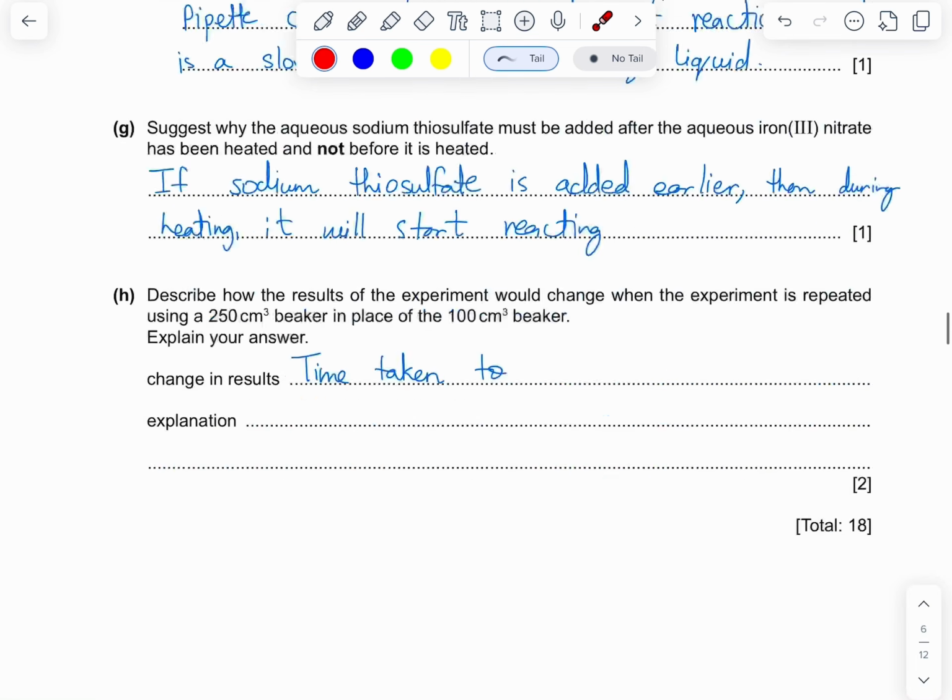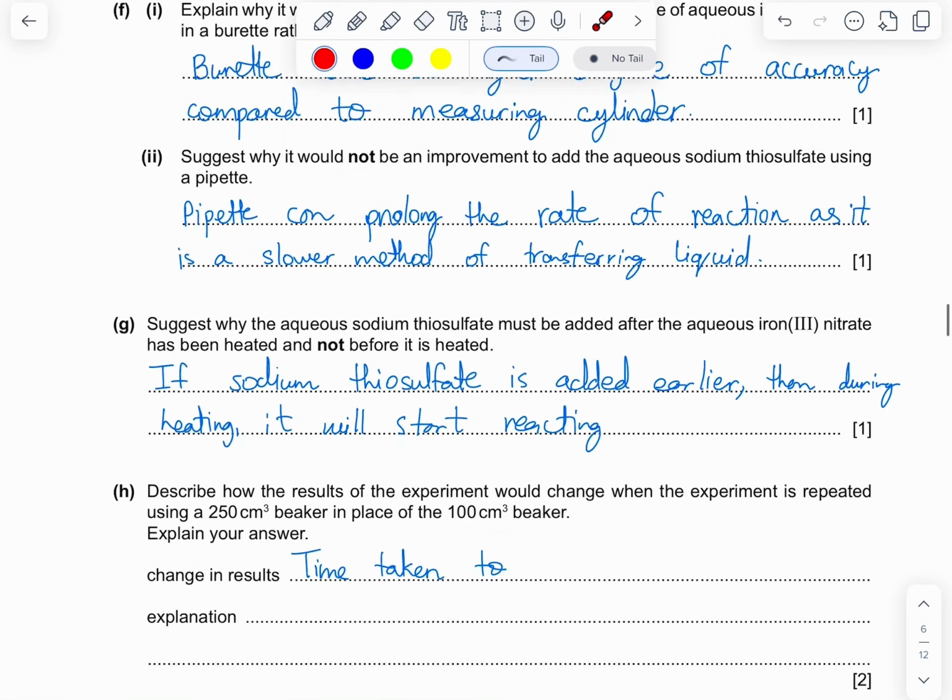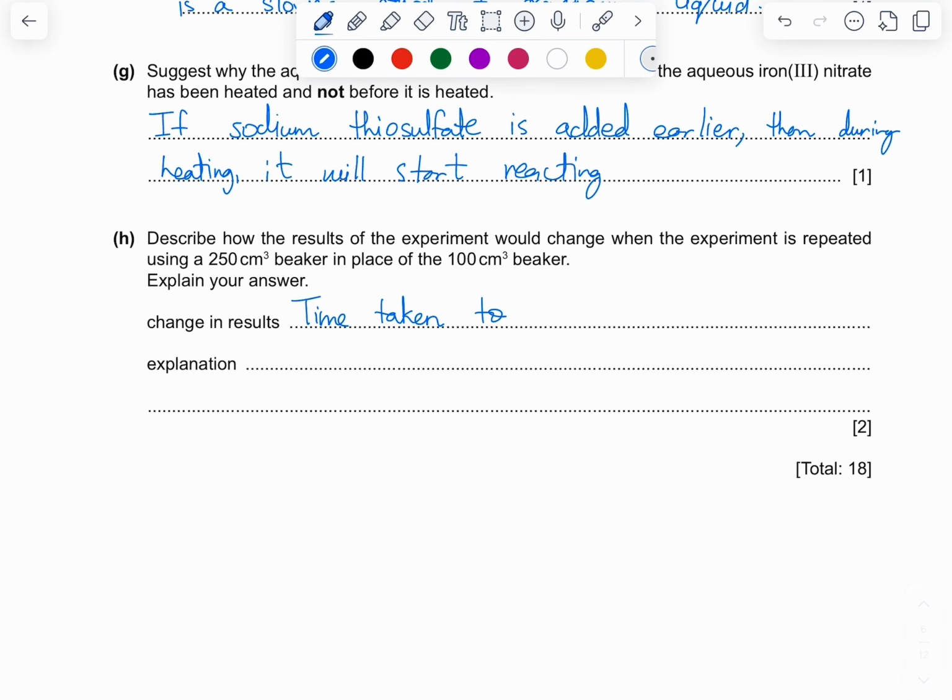Alright, so time taken for printed text to become visible decreases.